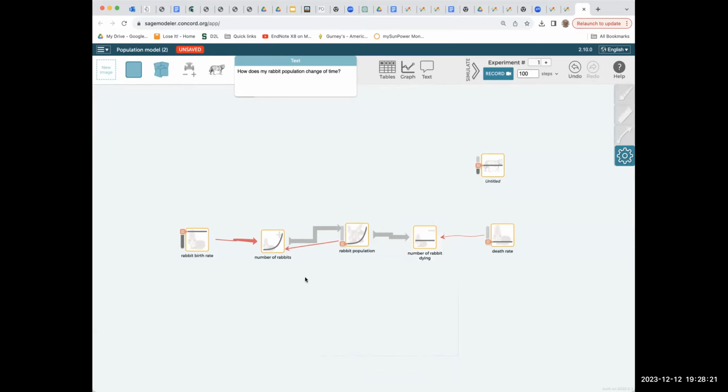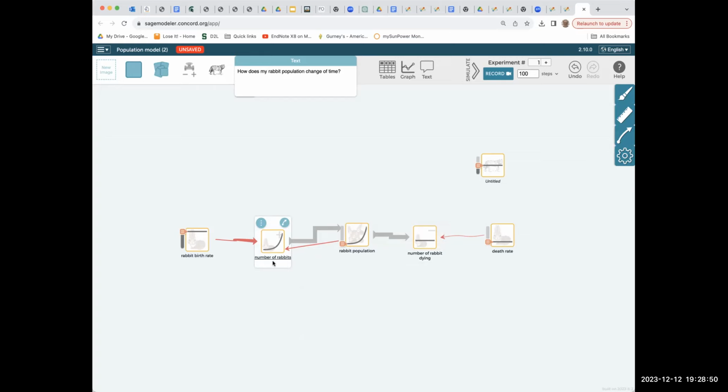One of the things you might have noticed is this little red arrow here, and that red arrow indicates a direct, positive relationship. It's the rabbit population feeding back into the number of rabbits, because as the population grows, at any given instant you're going to have more rabbits.